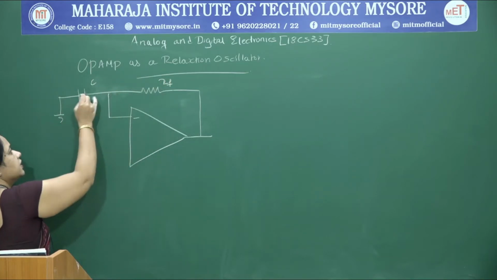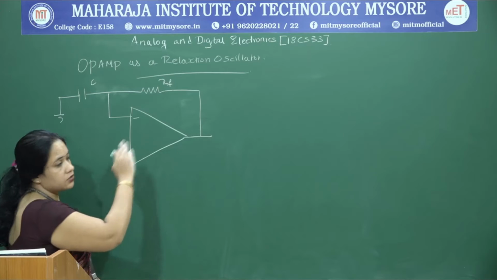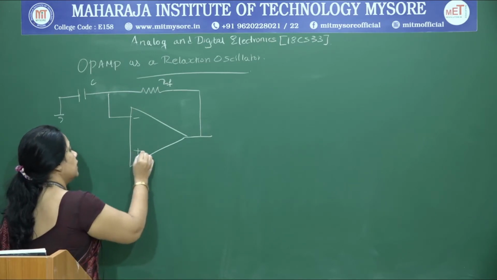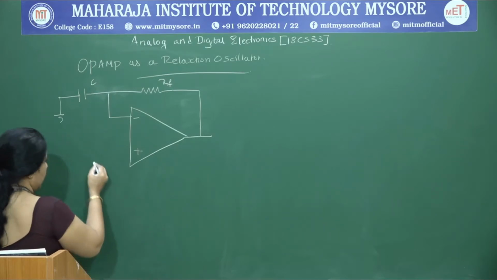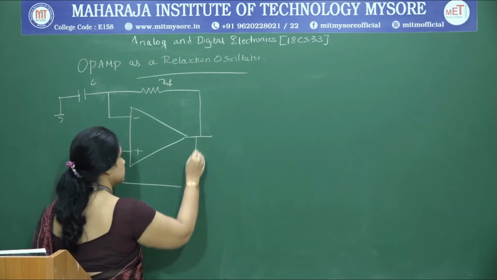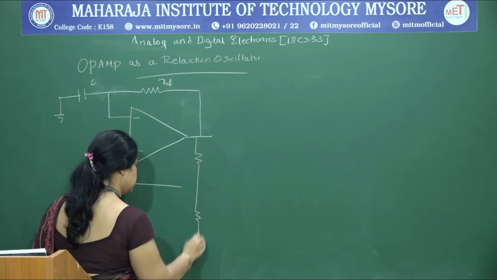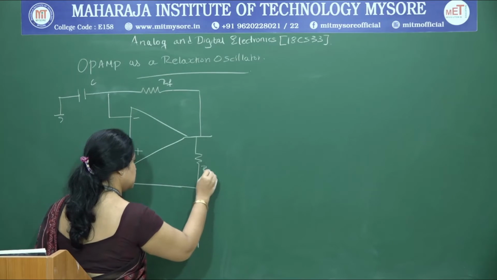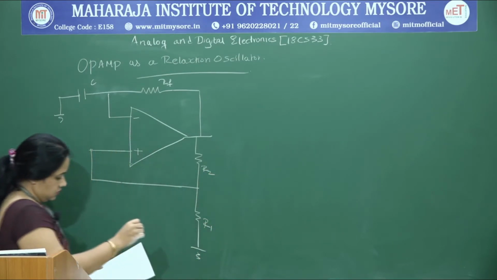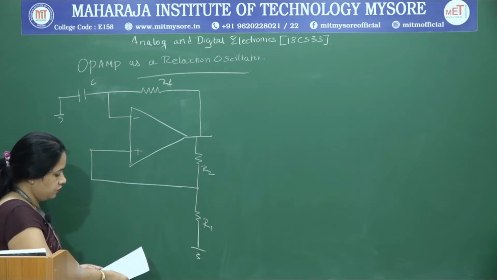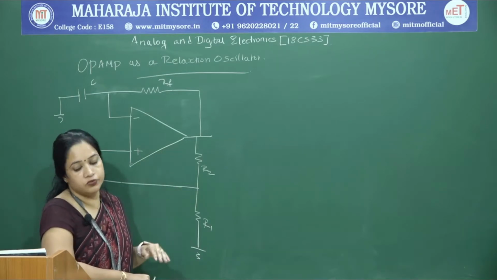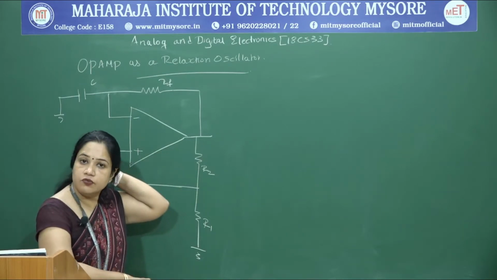The charging and discharging of the capacitor controls the switching of the output between the two saturation levels. So, this is basically a free running oscillator which moves back and forth between a positive and a negative value.